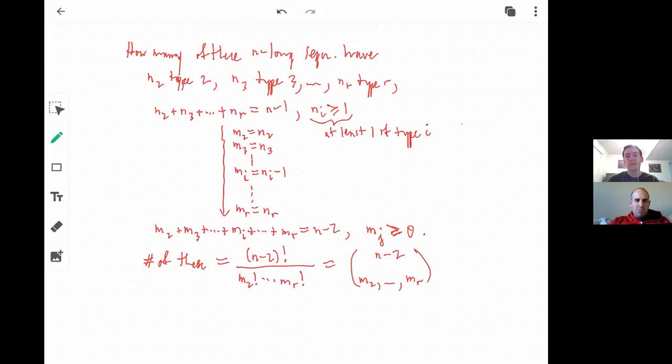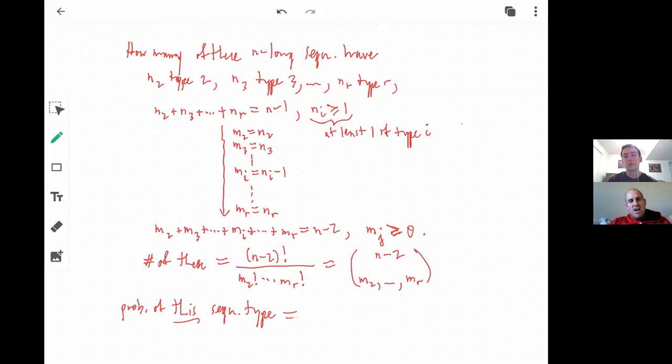And then what would be the probability of this particular sequence occurring? The probability of this sequence type is going to be the total number of them.